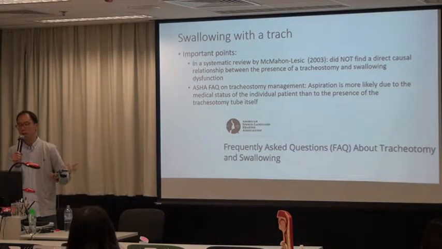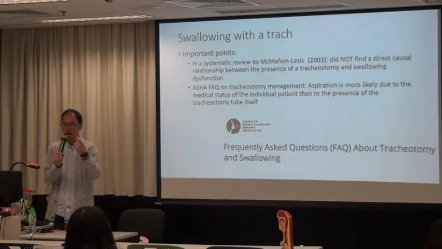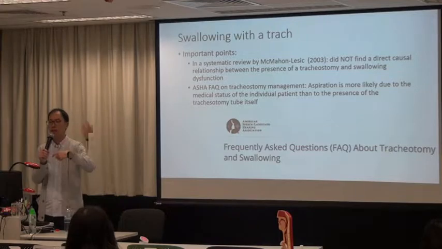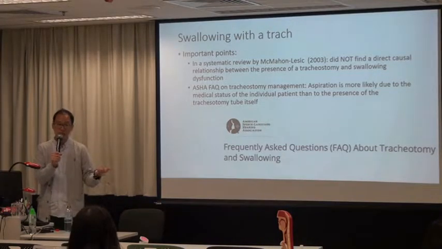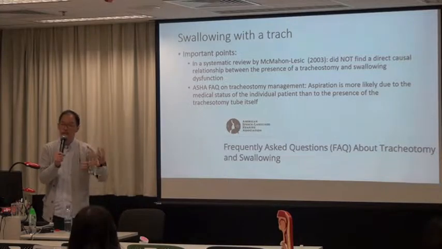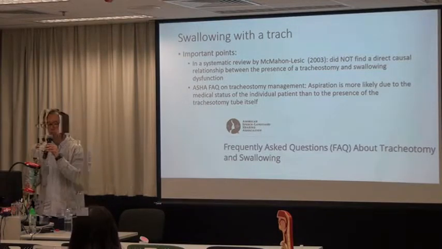I think this is in line with what we believe. It's not about the tube. Obviously when a patient can take out the tube, it might help with swallowing because the patient is actually getting better. But the tube itself is not a single factor that would affect swallowing.